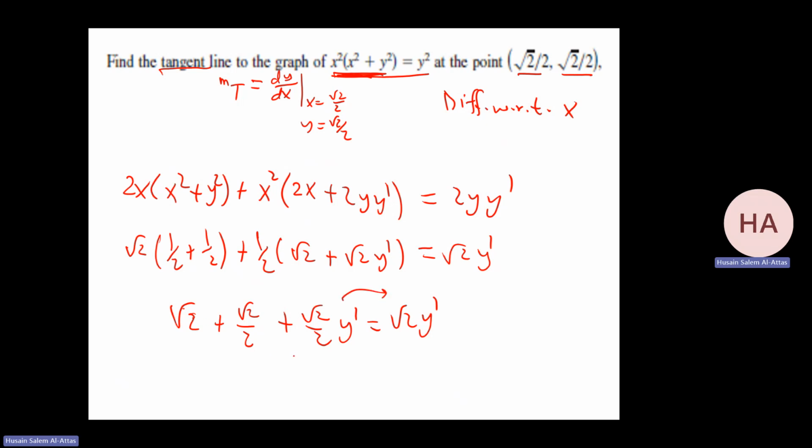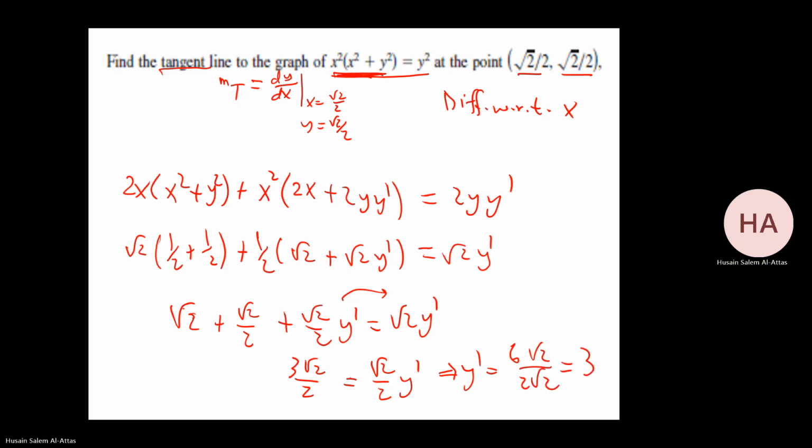So I have 3 square root 2 over 2 equals, taking this, square root of 2 minus square root 2 over 2, times y prime. So y prime will be 6 root 2 over 2 root 2, which is 3. That will be y prime.